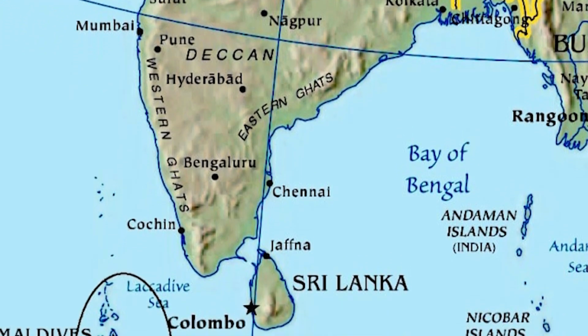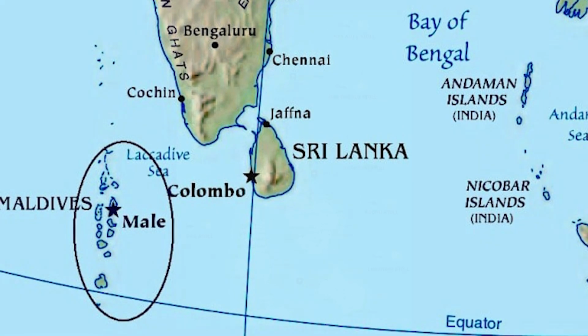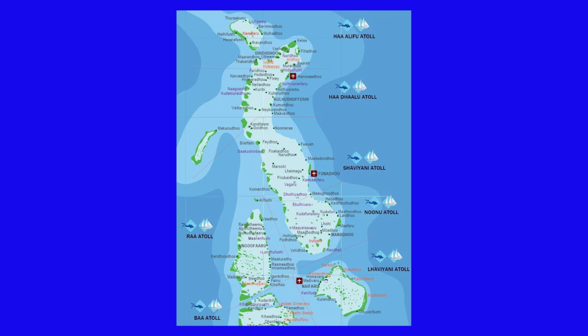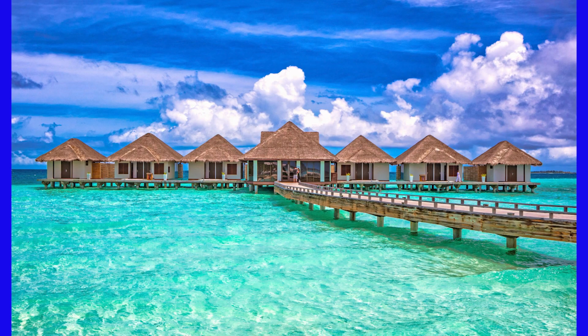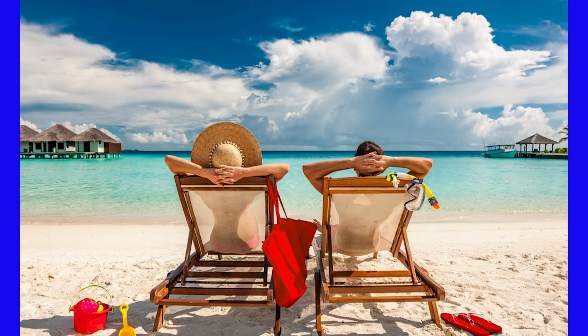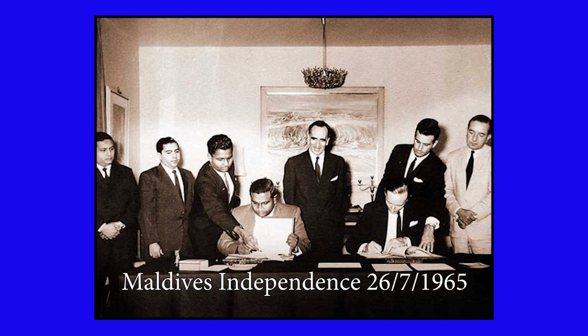Now, if we look further south, the country that comes last in our discussion is Maldives. Maldives is a very popular vacation destination for Indians, and so Maldives plays a very important role in Indian foreign policy or neighbourhood policy. India was the first to recognize Maldives after its independence in 1965 and to establish diplomatic relations with the country.